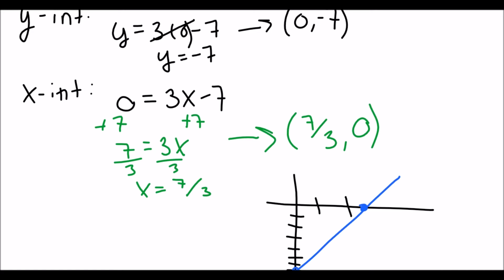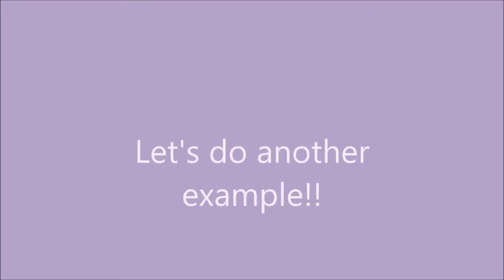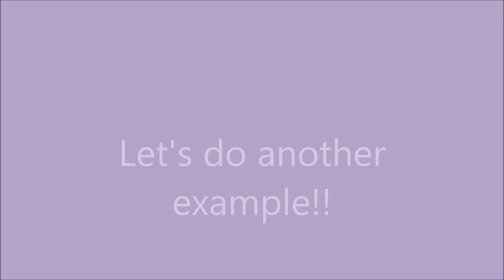All right, let's do another example. I want to do one more example because a lot of times you will get equations in standard form and they're going to ask you for the y and x intercepts. So let's just do a really quick example like this. Let's say we have the equation 4x minus 9y equals 12, and let's say we want the x and y intercepts.